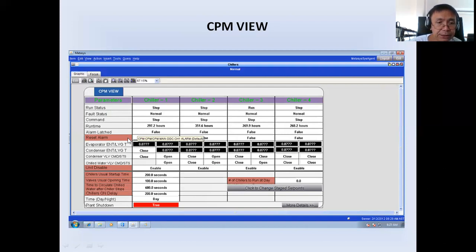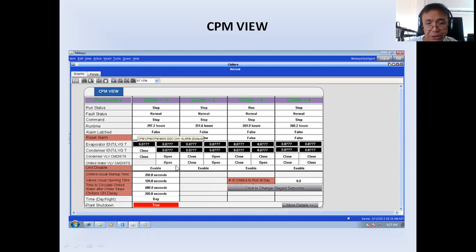Now alarm latch. If there is an alarm, reset alarm. Evaporator entering and leaving temperature: you will see the entering and leaving temperature in the evaporator. Likewise in the condenser, you will also see the entering and leaving temperature. Then you can also see the cooling valve command and status, and the chilled water valve command and status.